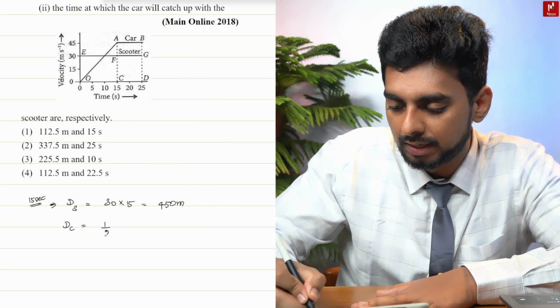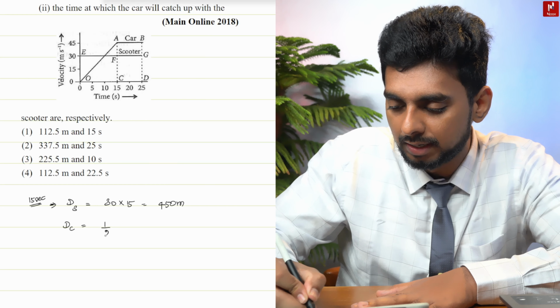The multiplication over there, 45 times 7.5, I just have to move one decimal place, therefore it should be 337.5. The answer over here is 337.5 meters. So now you have got two different distances.